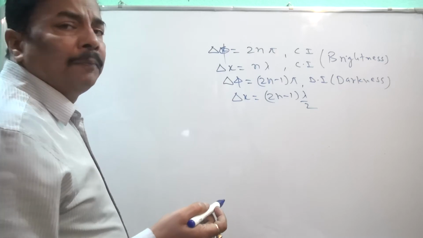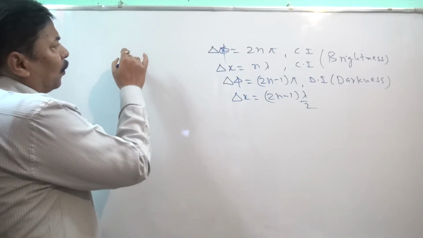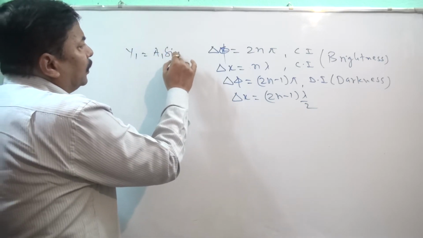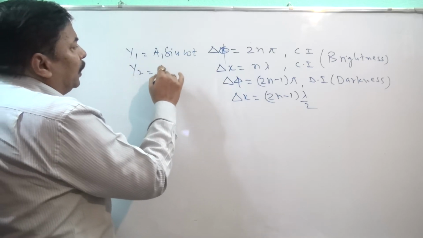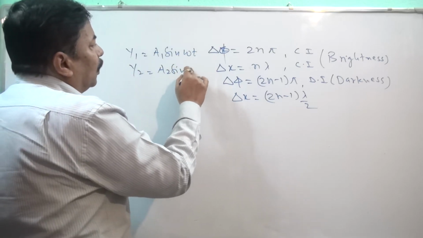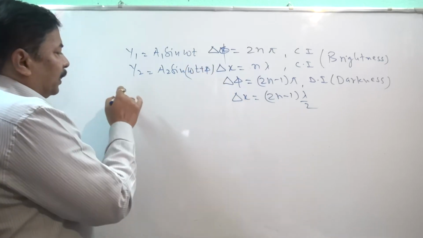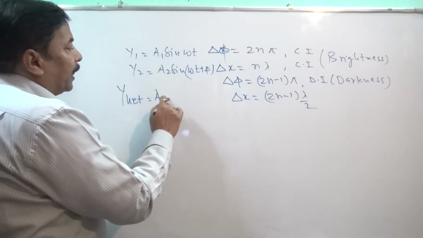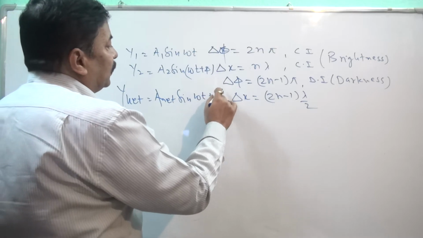Also you should know very carefully that I have given y1 is equal to a1 sine omega t and y2 is equal to a2 sine omega t plus phi. Then we get y net is equal to a net sine omega t plus theta.